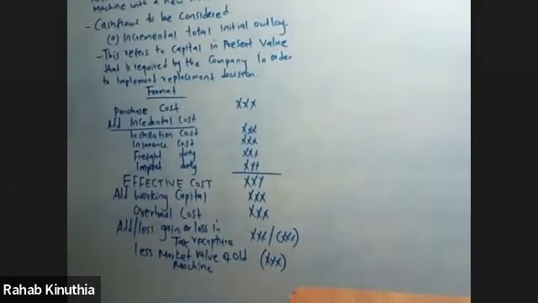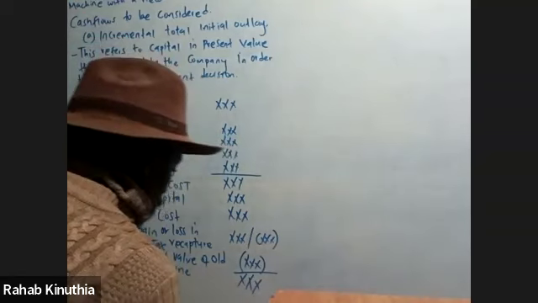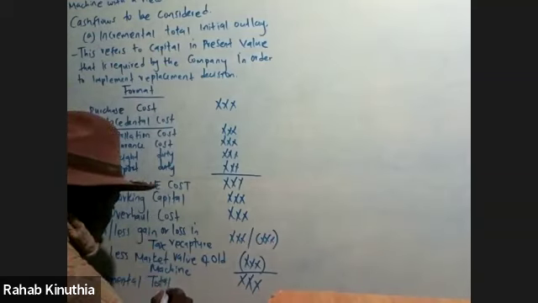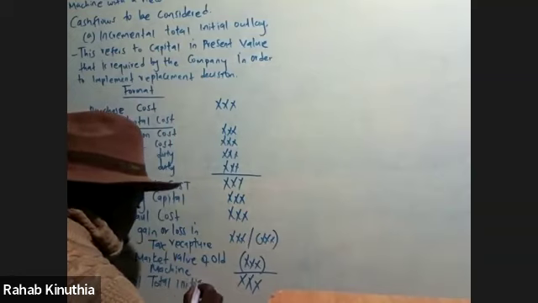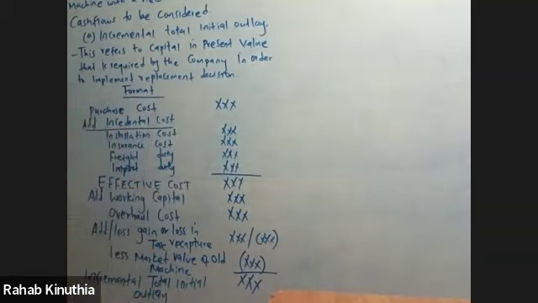And once we less the market value of old machine, then you can get the incremental total initial outlay.